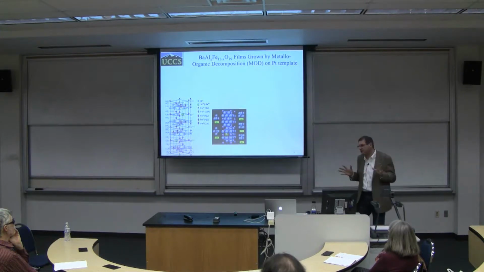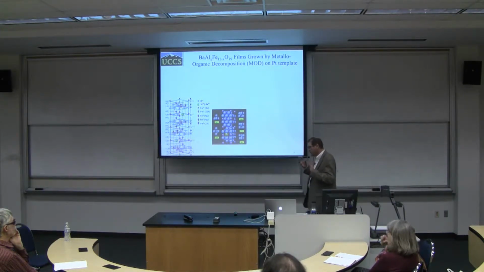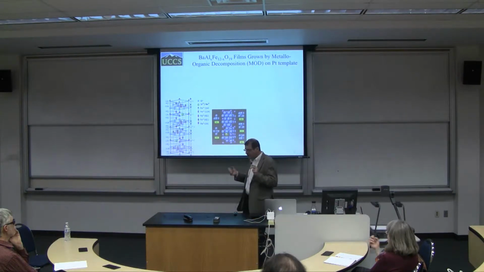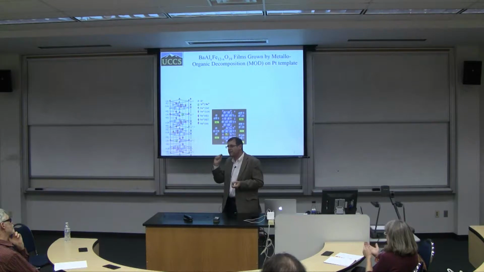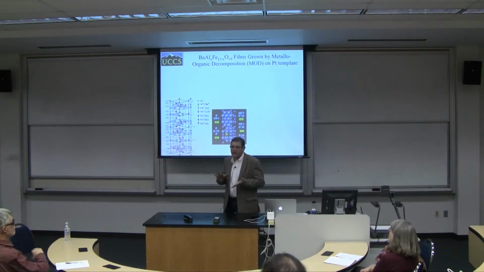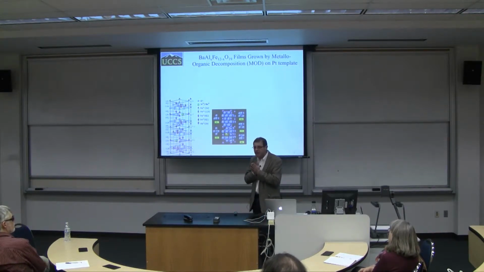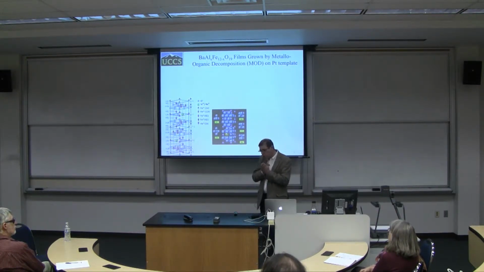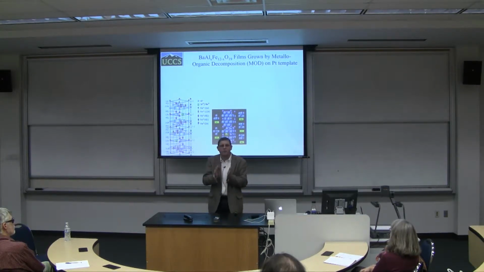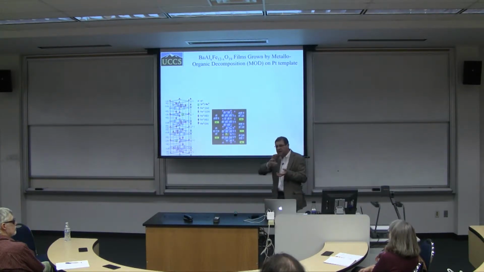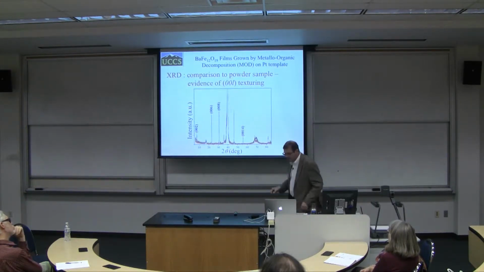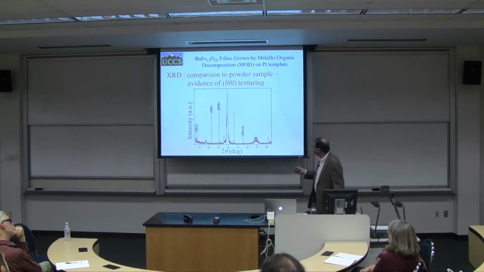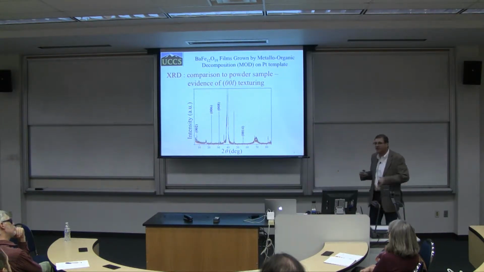In powder diffraction, you take bulk materials and make powder of them. The typical grain size is on the order of maybe a couple of microns, and then you press them together, and this way when you do the scan, you see all possible reflections because these grains are randomly distributed. If you look back at this picture, what we have here are only these 00L reflections. All other reflections are gone.